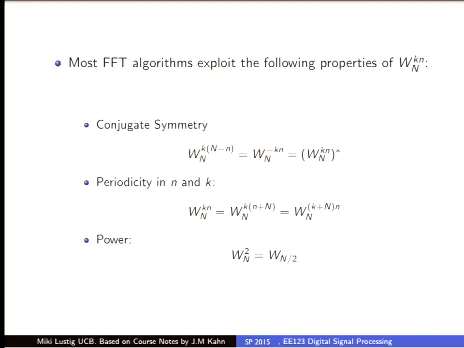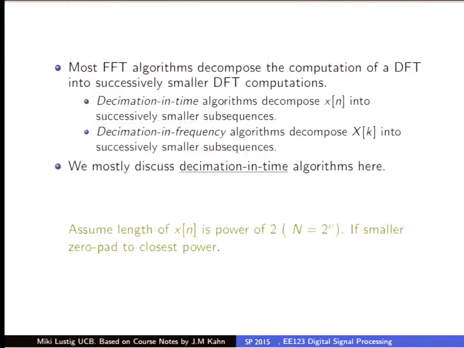Well, at least n log n instead of n squared. And I showed you how much of a difference this log factor makes compared to the square factor. So all these properties, in particular this one: if you square W sub n, then it's the same as W sub n over 2.